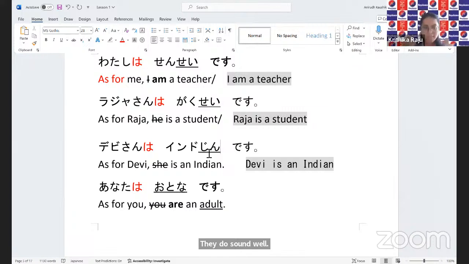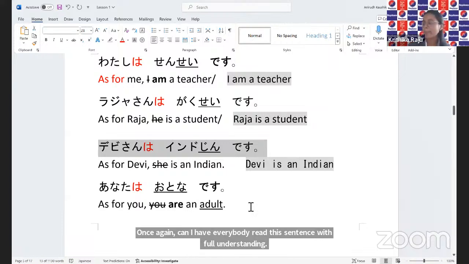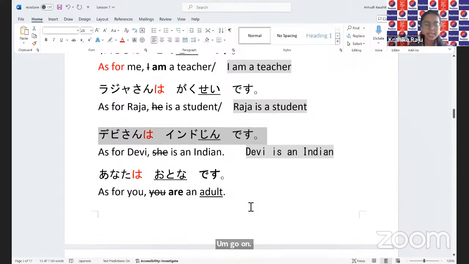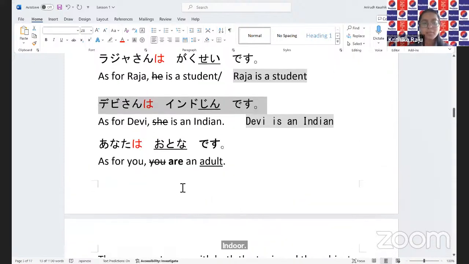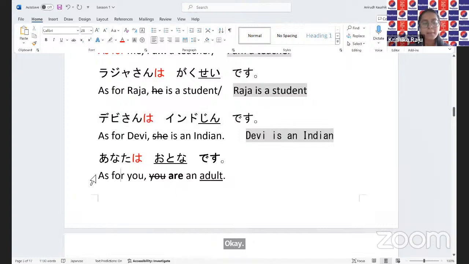Okay, once again, can I have everybody read this sentence with full understanding? Devi-san wa Indo-jin desu. Okay. Now, last sentence. As for you, you are an adult.